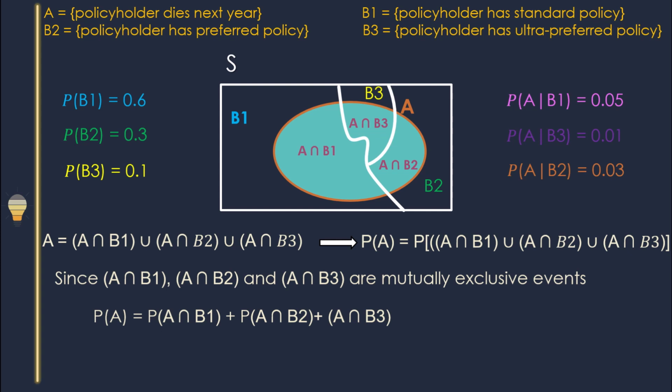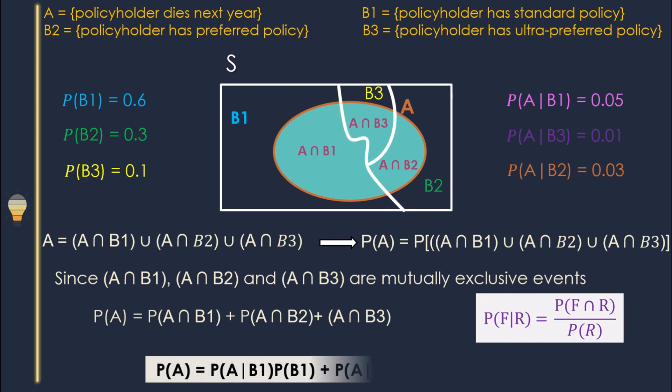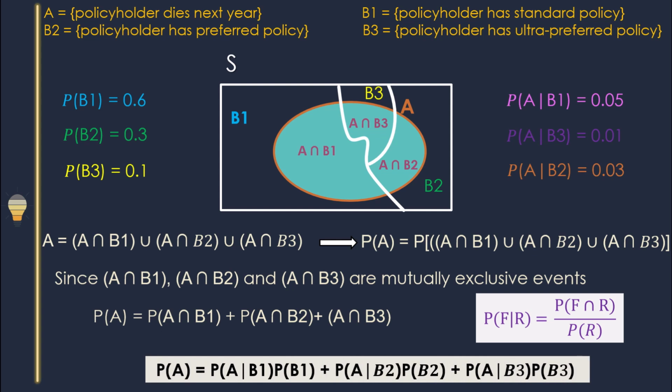Now you know the conditional probability formula, so you can apply this formula for each case. So now you can write this formula. What is this formula? This is the law of total probability.